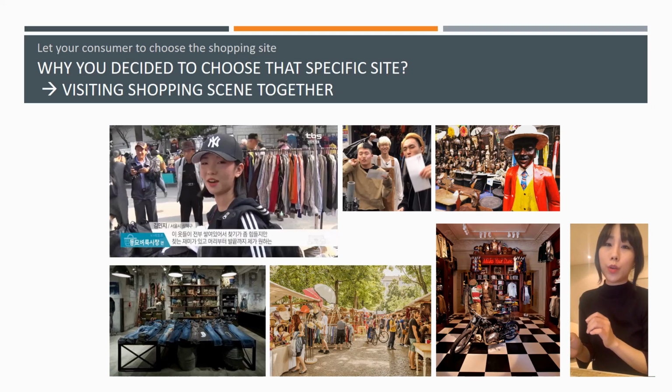You can go to the practical shopping scene, like offline shopping, or you can observe their online shopping behavior and on which site they start to make their plan to purchase their clothes. You're going to observe all the process, all the journey of their consumption and purchase behavior.